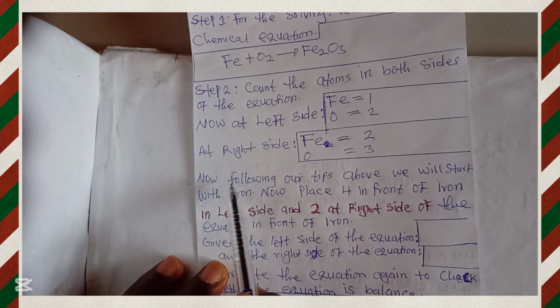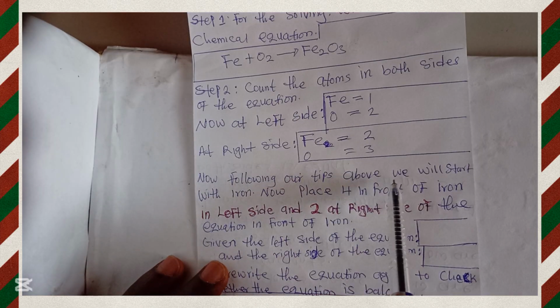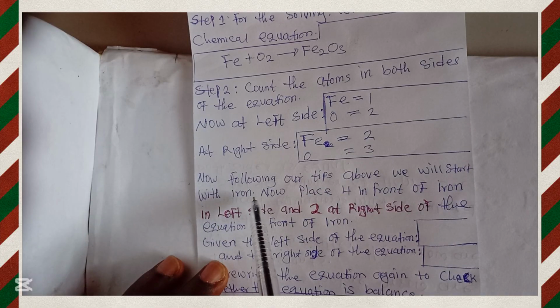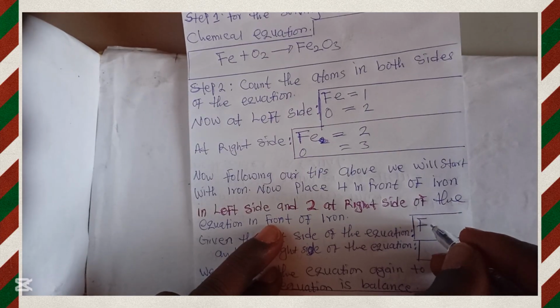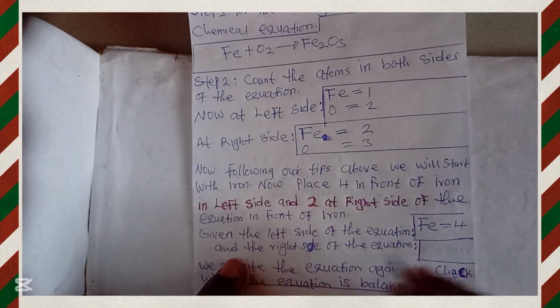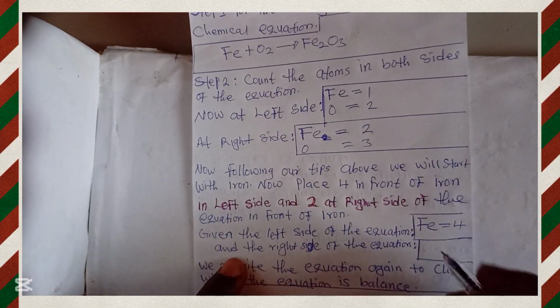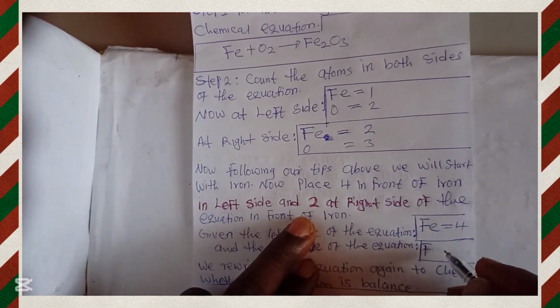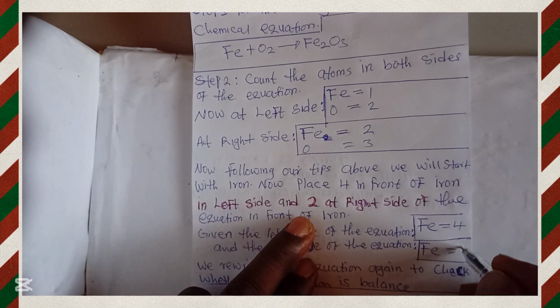Now, following our tips above, we will start with iron. Now, place 4 in front of iron on the left side and 2 in front of iron on the right side of the equation. Now, on the left side of the equation, iron is 4, and then on the right side of the equation, iron is 4.